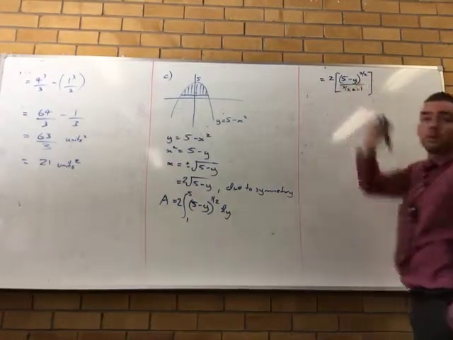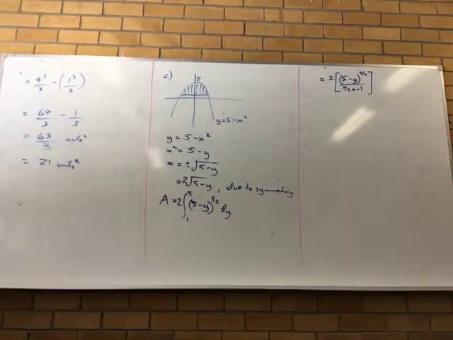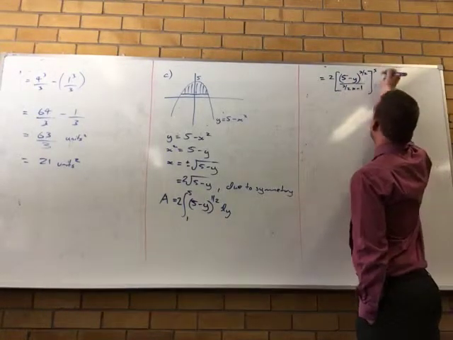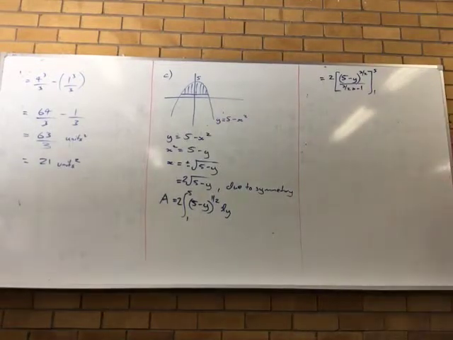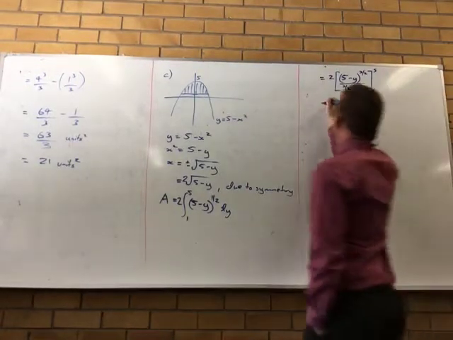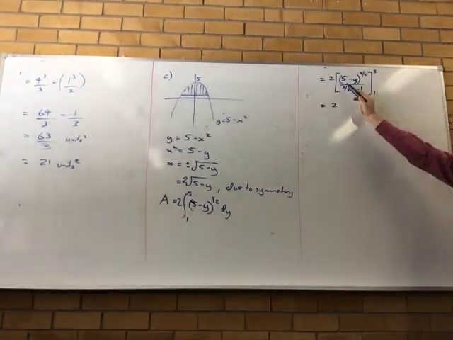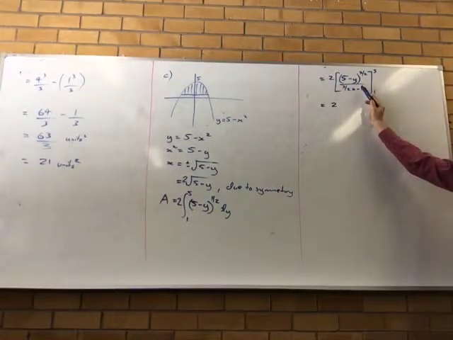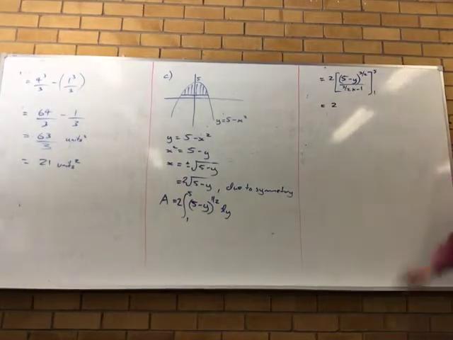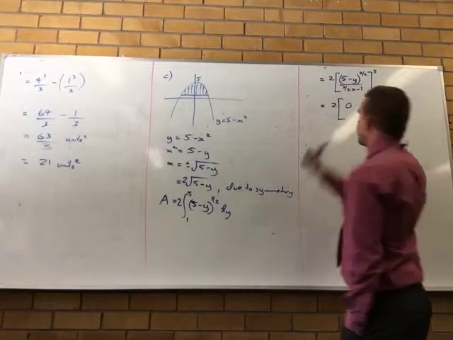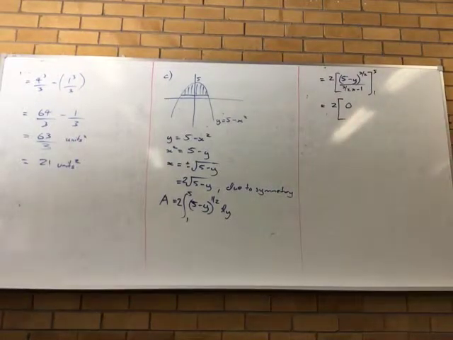Okay, so I can leave the 2 out the front because it is a factor of both of them, from the bounds 5 to 1. Now the first one: 5 take away 5 is 0, and 0 to the power of 3 over 2 is still 0. So the first term gives me 0.